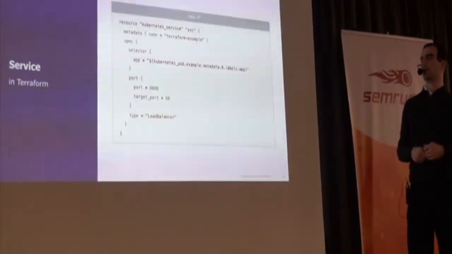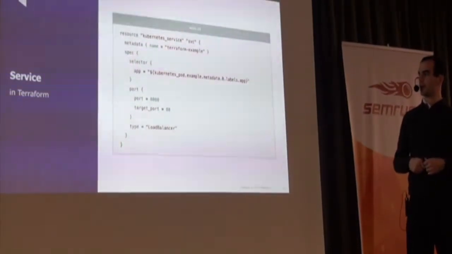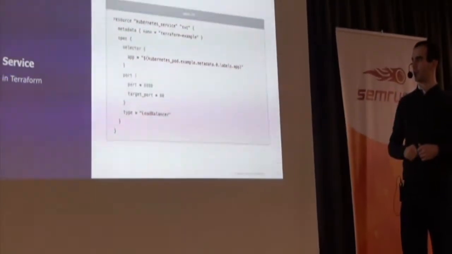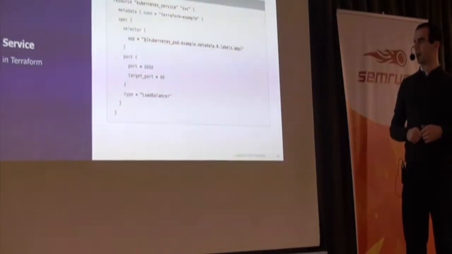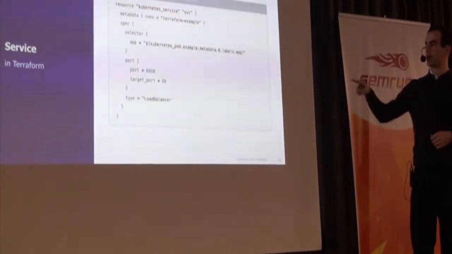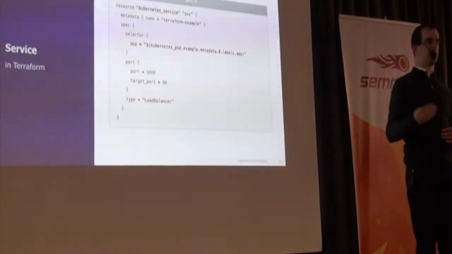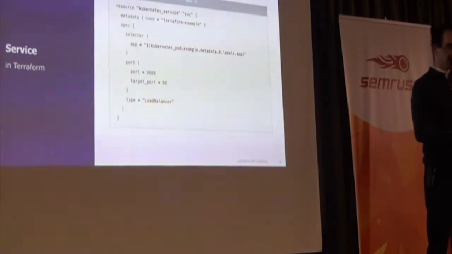So that's the reference syntax. And then we have the port forwarding below, and we set the type to load balancer, which means the service will be exposed to a load balancer.